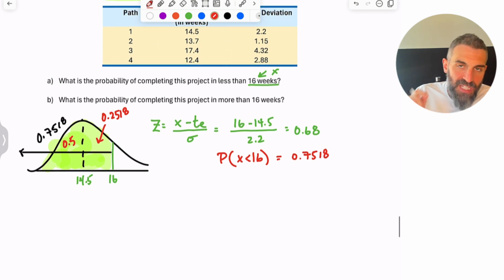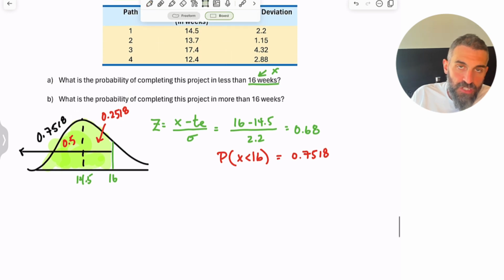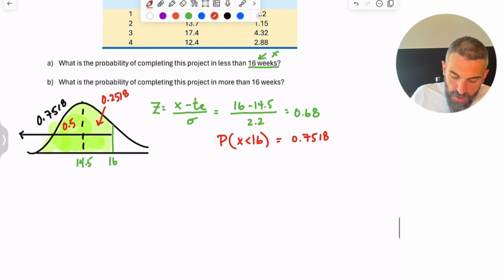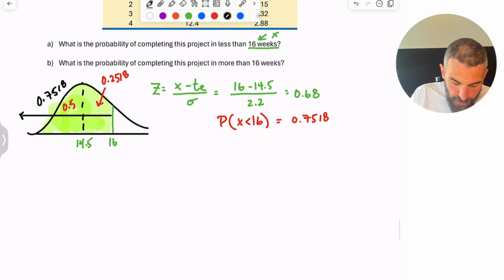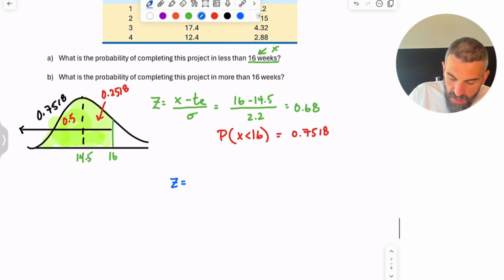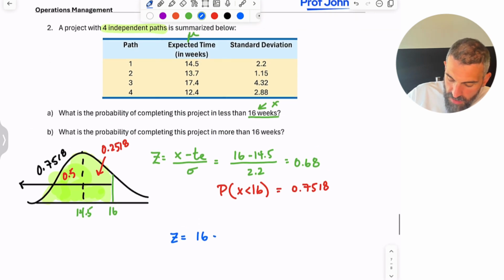We're going to repeat that process for every single one of these paths. Okay, so I'm not going to draw the bell curve for each one. I will draw it for path 3 though, because you'll see something a little bit different there. Okay, so let's go with number 2. So x, in this case, is 16 still, but the expected time for path number 2 is 13.7, and the standard deviation is 1.15.